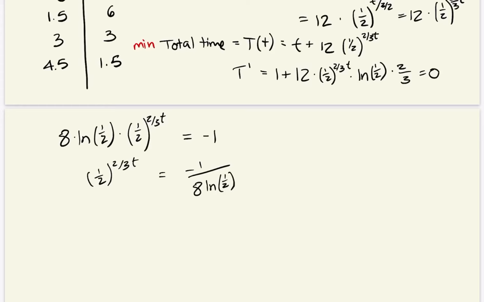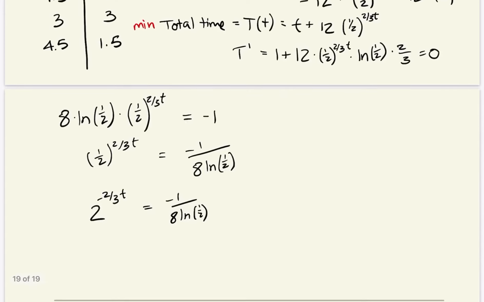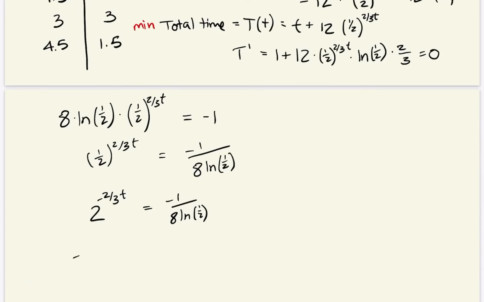And now let's change this on the left side to actually be just 2 to the -2/3 t. And now I can take log base 2 of both sides.